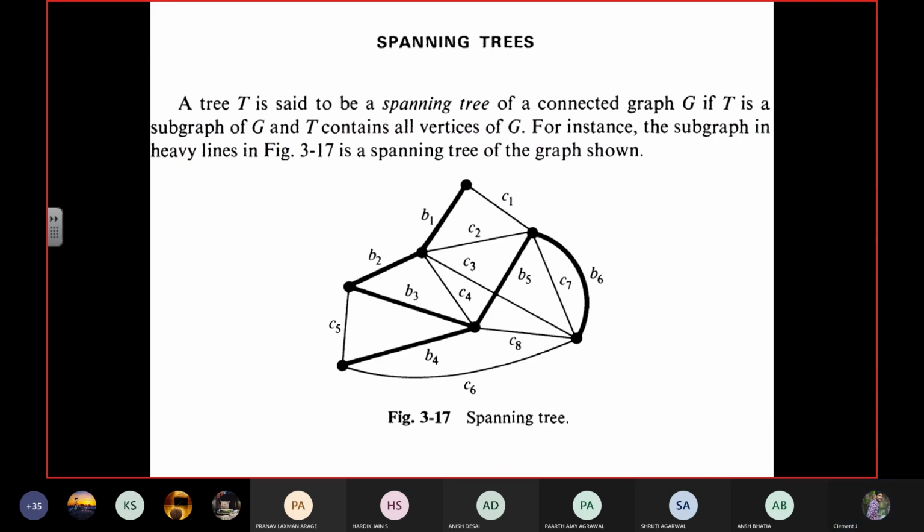Spanning tree. I hope you can remember the definition of the spanning subgraph. Can anyone try to say the definition of spanning subgraph? You know the definition of subgraph.